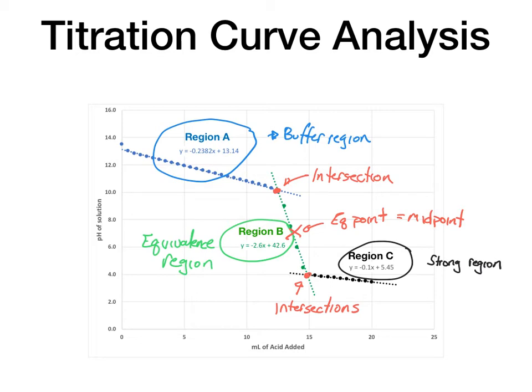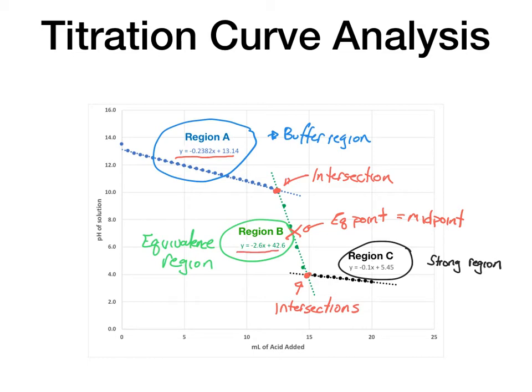And so this is some example data. What I've done is I've graphed this with 3 series on the same graph. Now, you do not have to have these all on the same graph, but what I've done is I've looked for region A. I found the equation of the line of best fit.